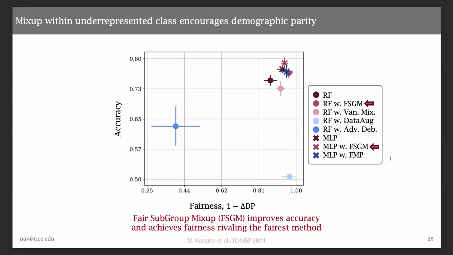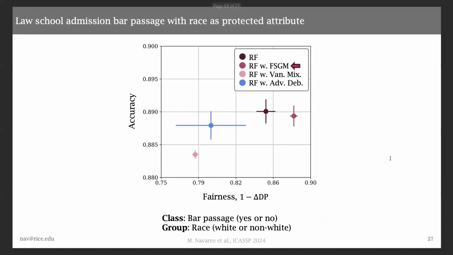And then lastly, we'll look at a real-world data set of classification of law school admission. The samples in this data set are law students, and we want to predict whether or not they'll pass the bar. We have different demographic information, and we want to encourage our model not to make its decisions dependent on race.